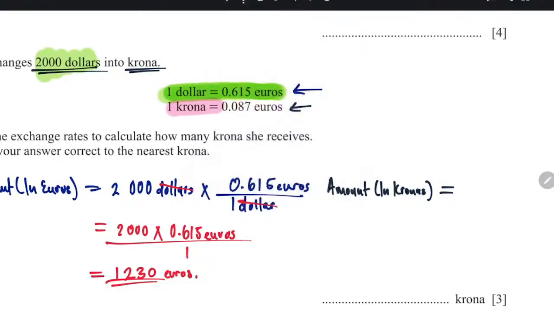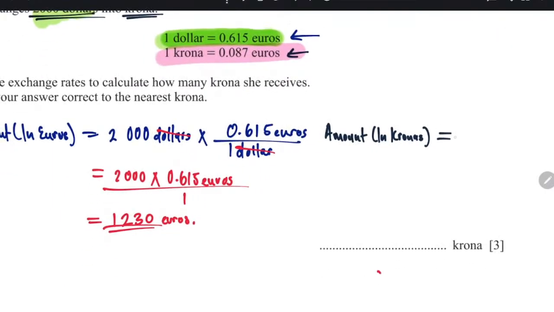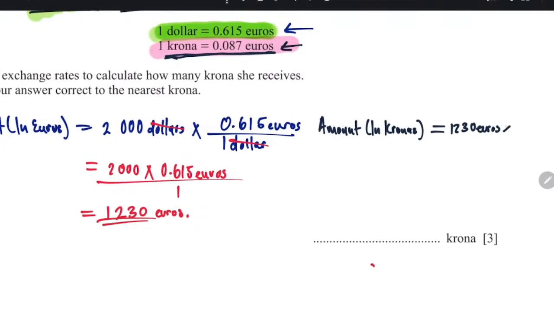So write the euros which you have. You have 1230 euros. You want to go to kronas. Look at the exchange rate between euros and kronas. Convert that exchange rate to a fraction. What is it that you want? You want kronas, so they go on top. You put euros at the bottom. What is the number of euros you have in the exchange rate? 0.087, right? Euros. Can you see that?